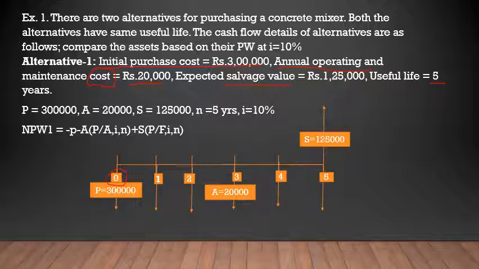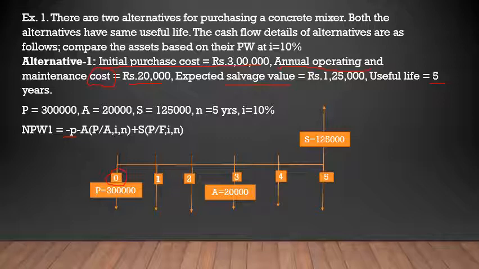This is minus P. Next A, that should be converted, because it is A, it should be converted into P, comma I, comma N, plus S. S is a future flow, future amount. So I use the factor P by F, comma I, comma N. Why I have not converted this P? Because please remember, it is already P.